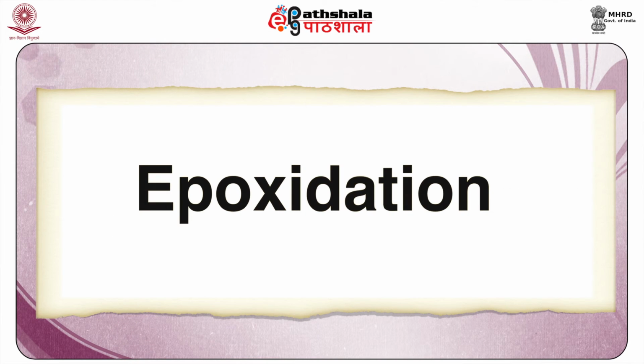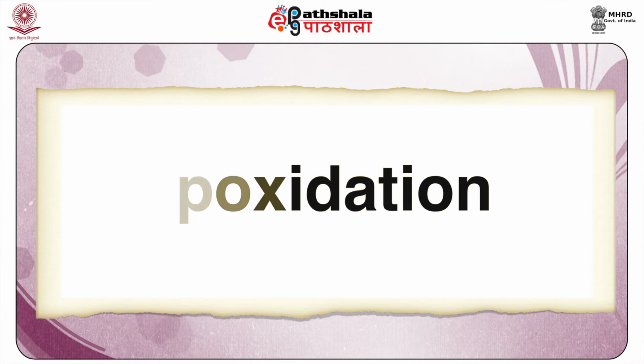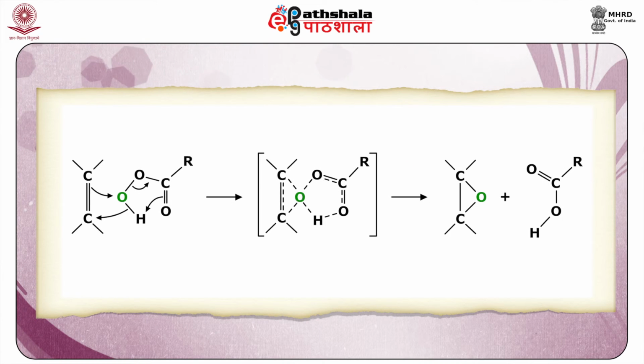Another reaction is epoxidation. Epoxidation is also essentially a concerted electrophilic addition. It is analogous to halogenation and the addition of sulfur or selenium compounds that we have discussed just now, and this will also involve a 3-member ring, but the epoxide ring is quite stable and it can be isolated.